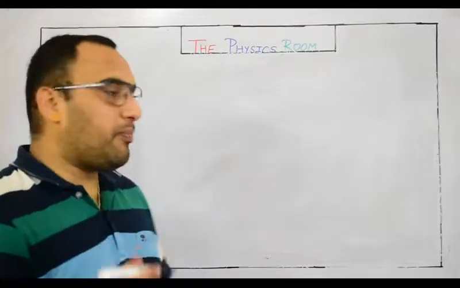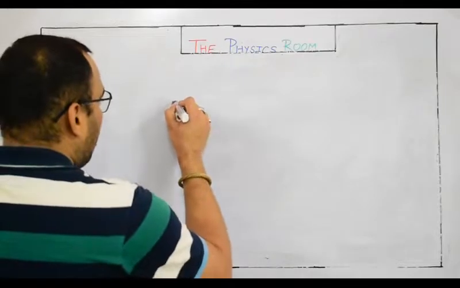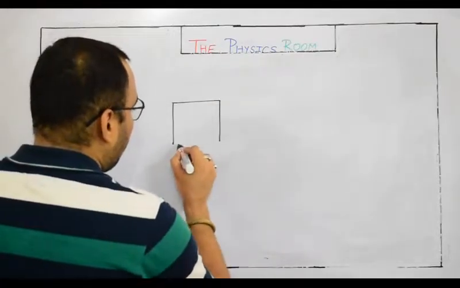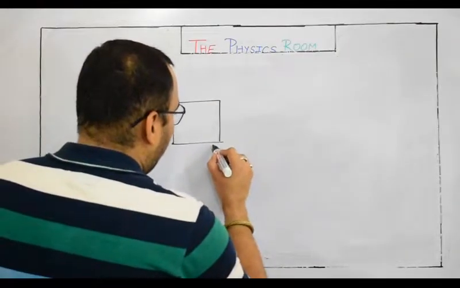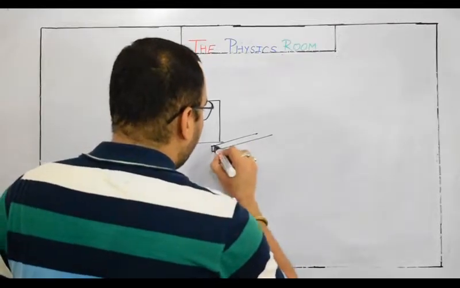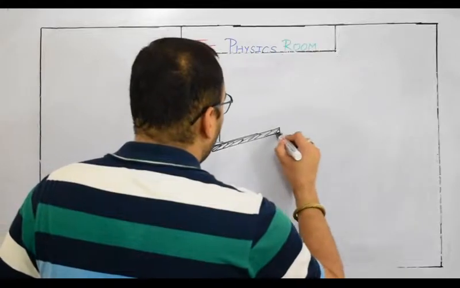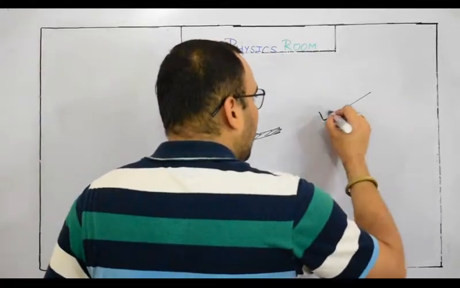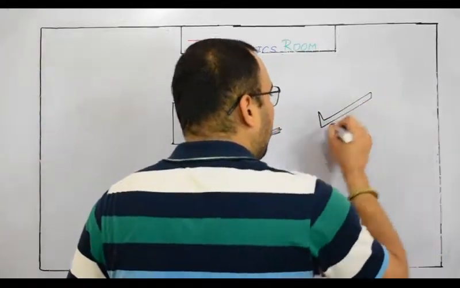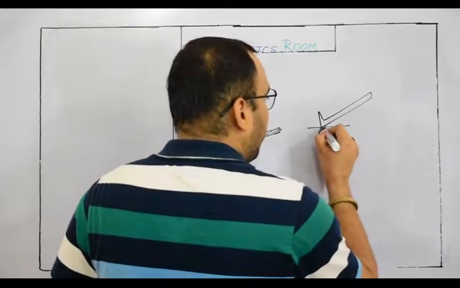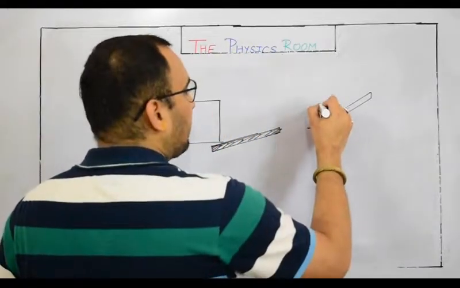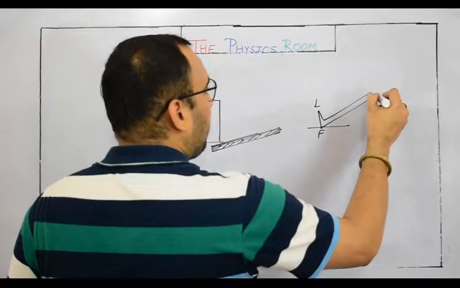Now let's take an example of a crowbar with the help of which we are trying to lift this box up by placing a rod or a crowbar. In a crowbar, its own shape acts as a fulcrum point. This point will act as a fulcrum and this point will be a load point, and here we can apply effort.